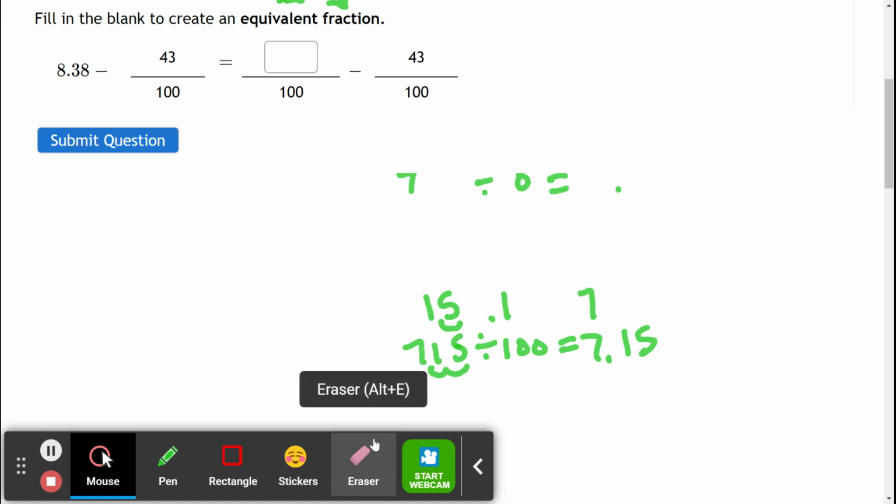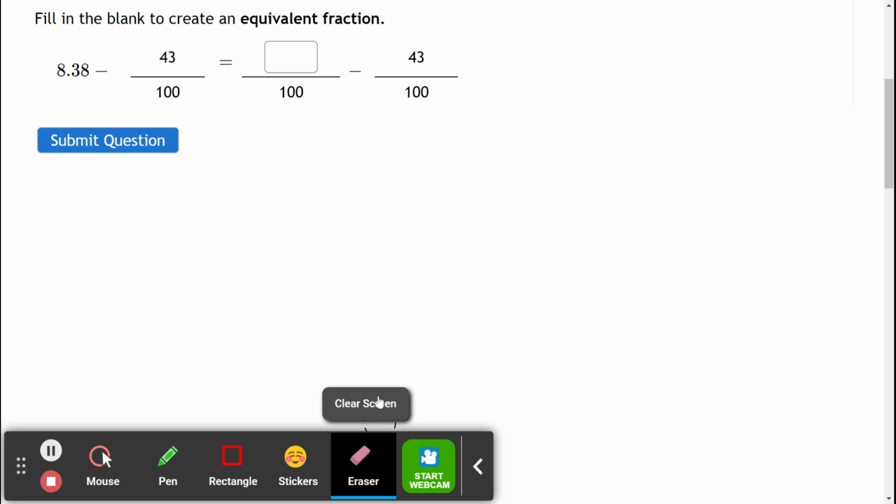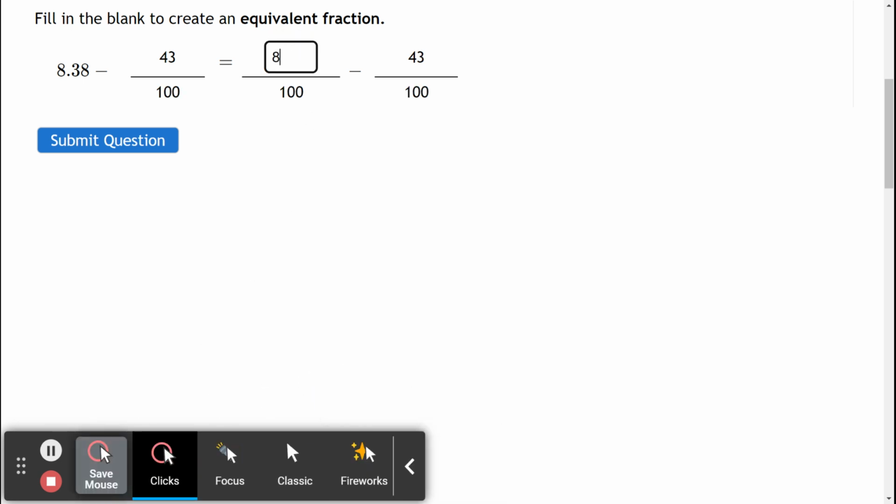Clear the screen here. This one, similar. This would just be 838 divided by 100, because of the same kind of reason I was just mentioning. If you divide by 100, that moves the decimal two times to the left, and it makes it 8.38.